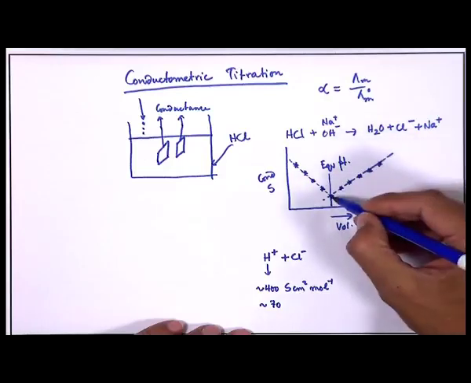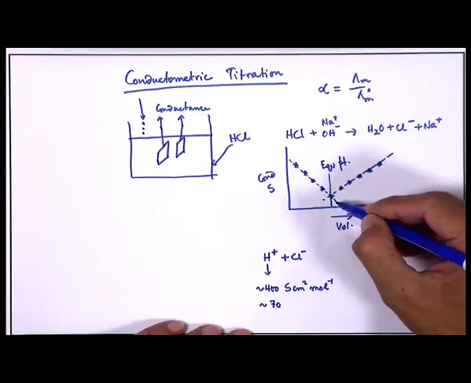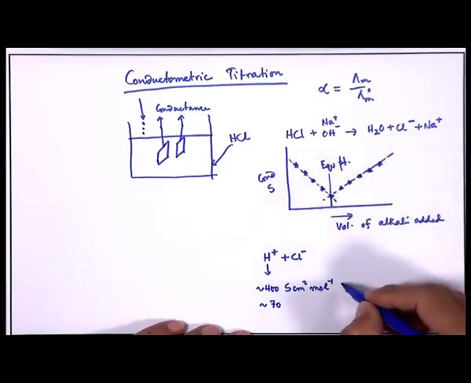So, beyond this equivalence point you have some excess of OH minus, and OH minus also has high molar conductance, close to around, say, 200.